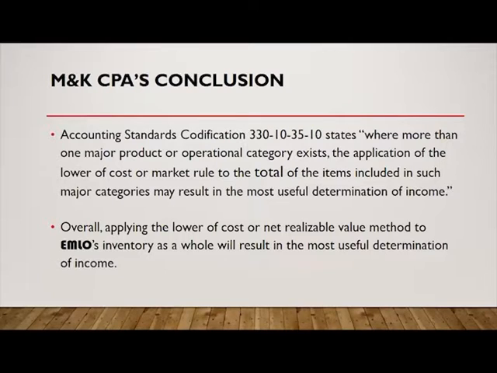Accounting Standards Codification Section 330 states, where more than one major product or operational category exists, the application of the lower of cost or market rule to the total of items included in such major categories may result in the most useful determination of income. Overall, we have concluded that applying the lower of cost or net realizable value method to EMLO's inventory as a whole will result in the most useful determination of income.